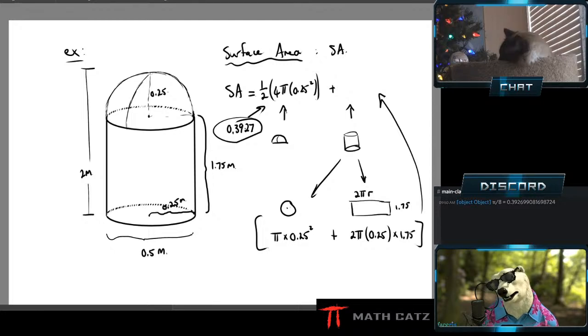B, right, let me do this. Pi times 0.25 squared plus 2 times pi times 0.25 times 1.75.